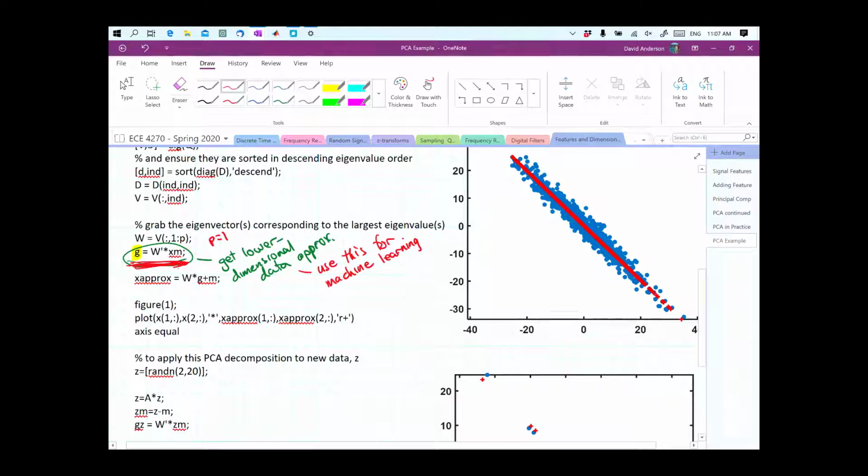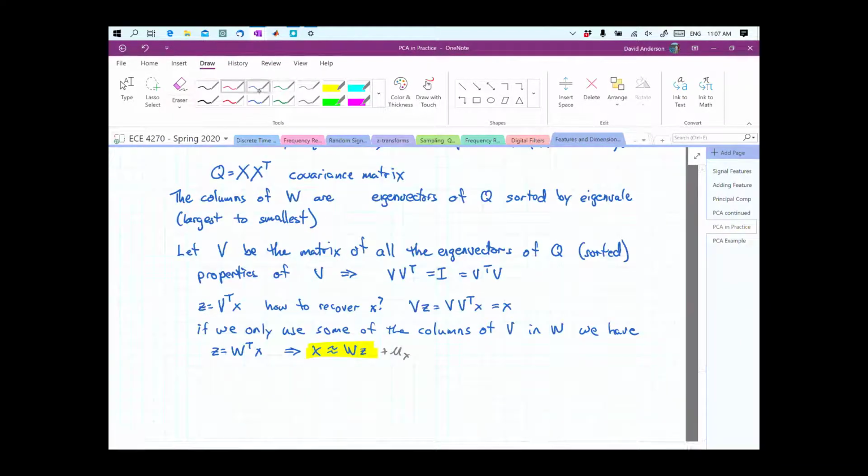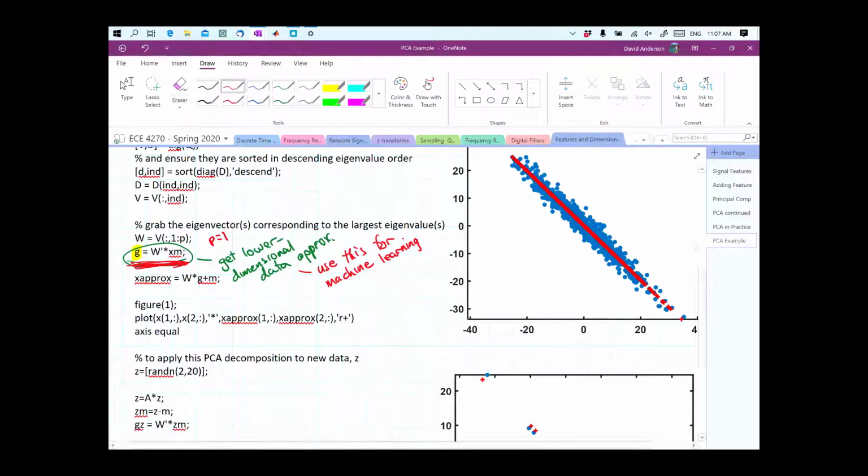Okay, so we talked about getting the data back, our approximation. I'm sorry, I switched notation here, and I probably shouldn't have. In the slides on the previous page, I used Z, and the approximate value of X is W times Z plus mu X, and here in my code I used G. So G is now our lower dimensional approximation.